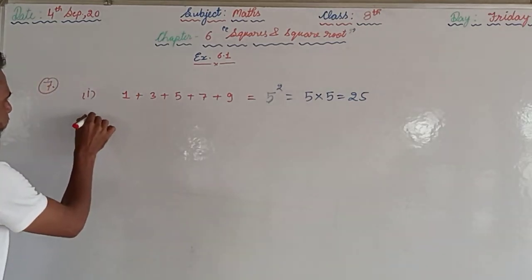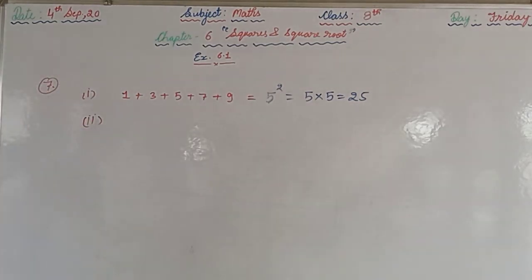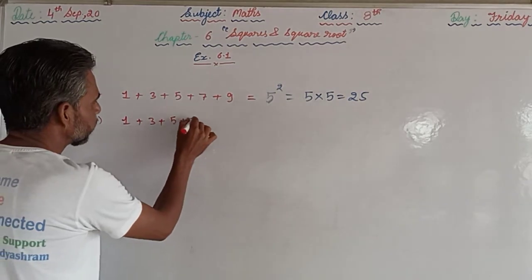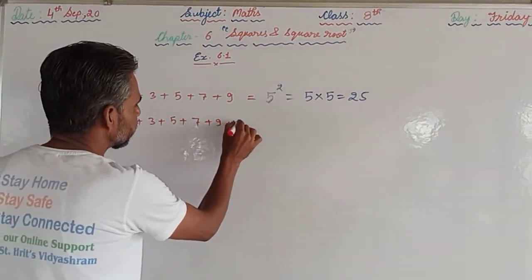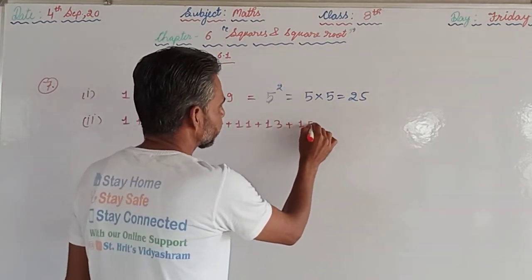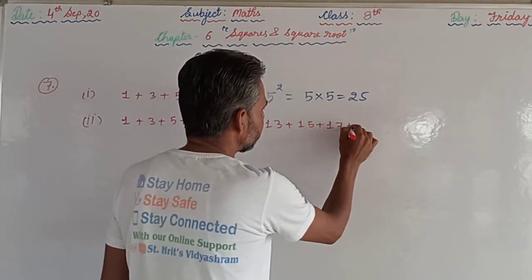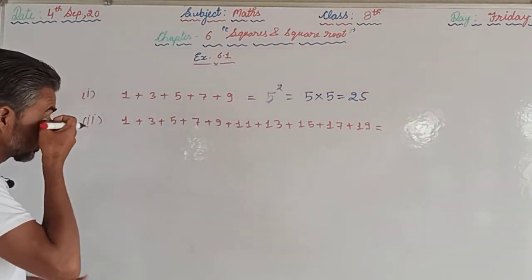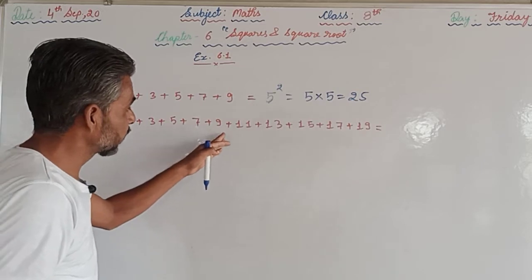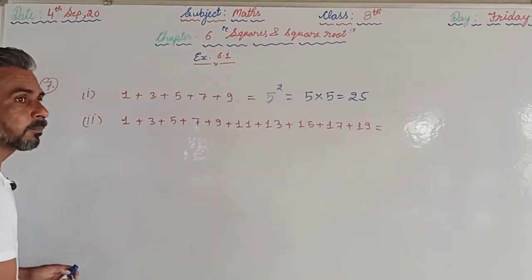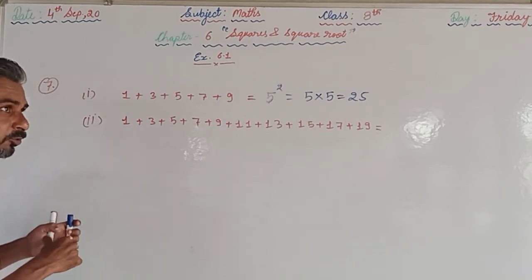So in the second, we are adding up to 19. So 1 plus 3 plus 5 plus 7 plus 9 plus 11 plus 13 plus 15 plus 17 plus 19. All the numbers we have written here. What will be the sum of them without actually adding?